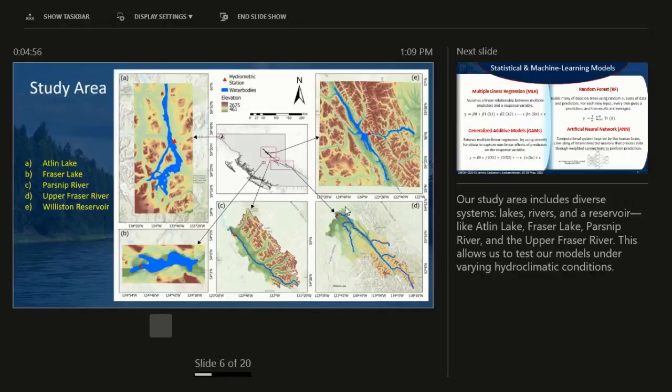Then we chose 2 river sites, which are Parsnip River, C, and Upper Fraser River, D, and then 1 site on a reservoir, which is Lost Cabin Creek at Williston Reservoir in northern BC. So we wanted to look at the application of different models in different types of water bodies where there are sensitive species living there.